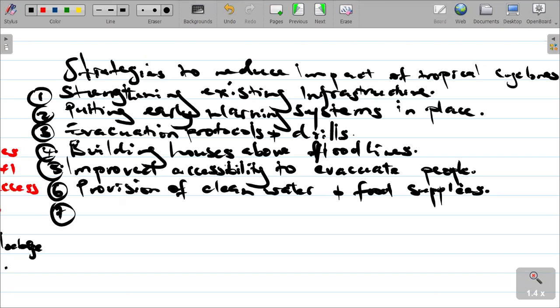Otherwise, we might also need to talk about rescue personnel to be on standby. Rescue personnel to be on standby is also very important.